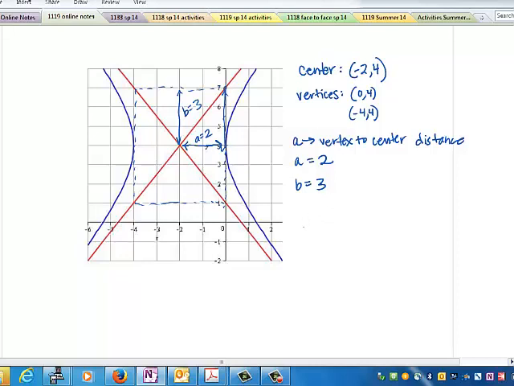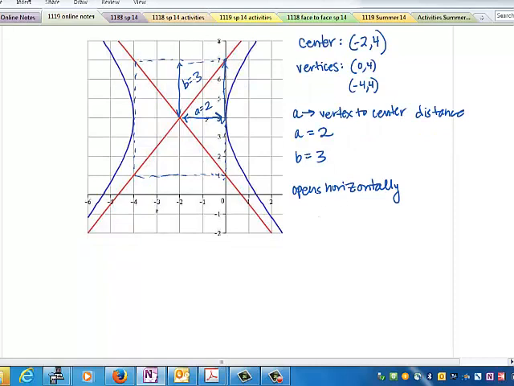We need to know whether it opens horizontally or vertically, so that we know whether the x's should have the positive coefficient or whether the y's should. In this case, since it opens horizontally, we want the x's to have a positive coefficient and the y's to have negative, which means we'll have (x plus 2) squared because of the center being (-2, 4), and we'll have (y minus 4) squared as the other group.